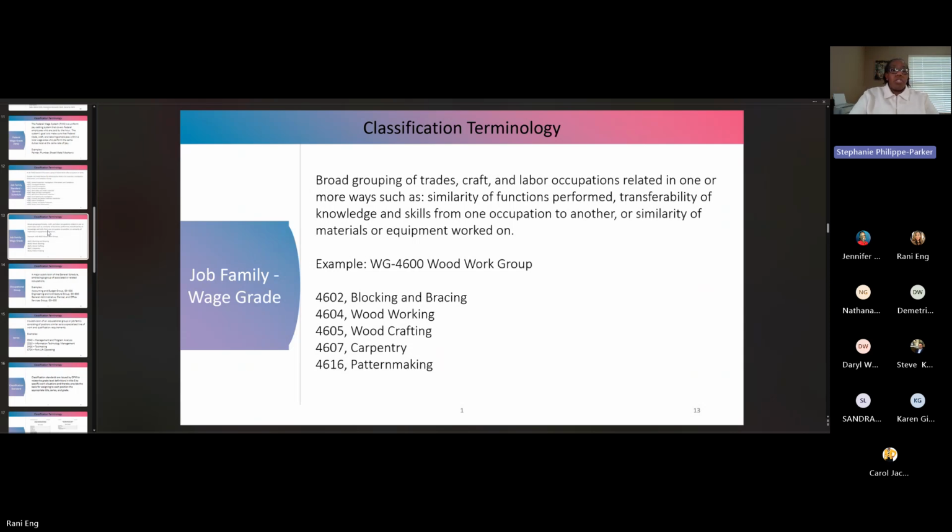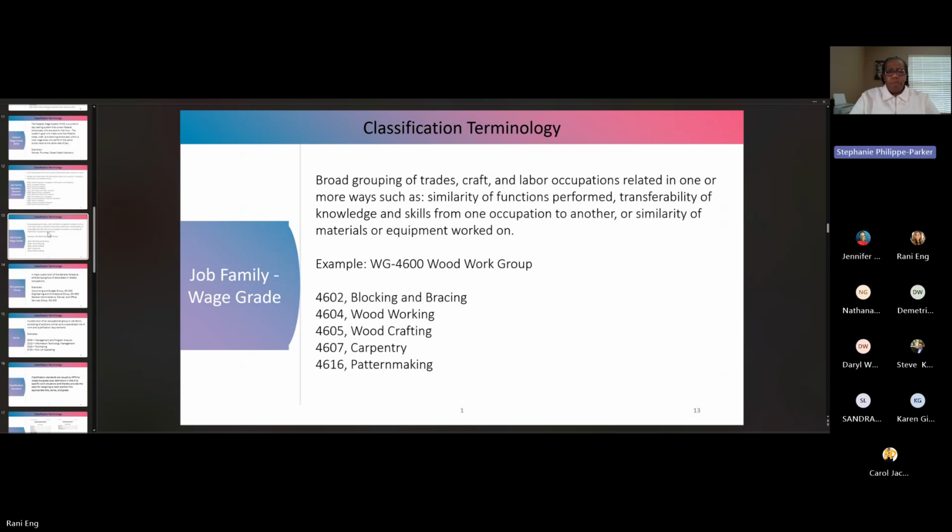Just like with the general schedule positions, job families here are so important as well. It helps focus the review in a particular area and provides awareness about the various position possibilities during a review.